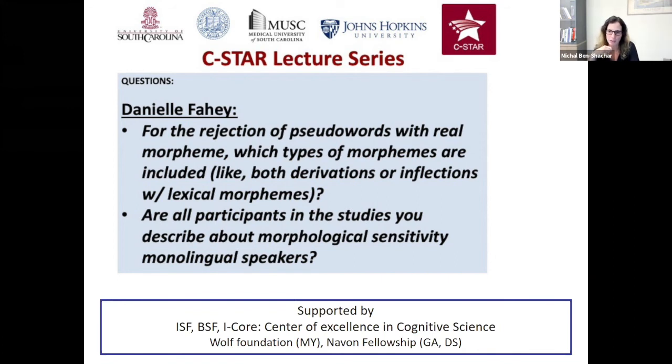And when it was a Hebrew manipulation, as you've seen, we manipulated the root morpheme, which is of course derivational. In the last study that I've shown with morphological fluency, we manipulated separately the morphological root and the morphological pattern, but both of them are again derivational morphemes.